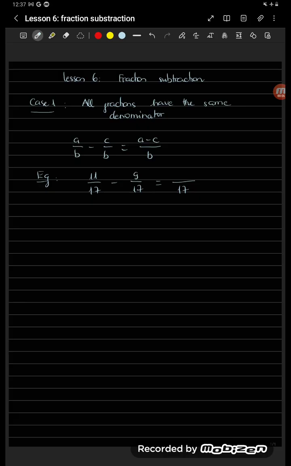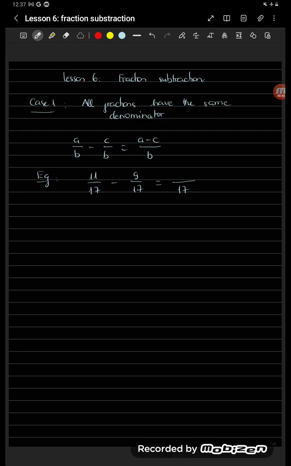So today we'll go over fraction subtraction, and similar to fraction addition, we also have three different cases. Case one, we'll look at fractions having the same denominator.